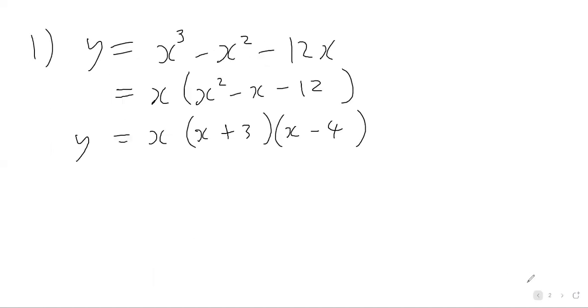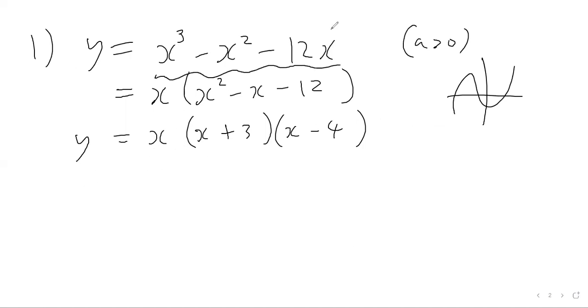So, going back to the example, we factorized it. The a is positive, since the coefficient there is 1, so it's going to have this kind of shape. But what will the shape actually look like? If we set the expression equal to 0, we can see we have three roots.